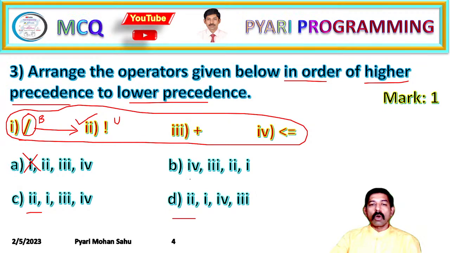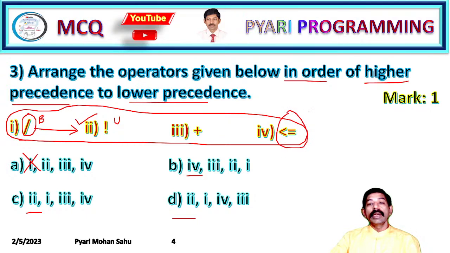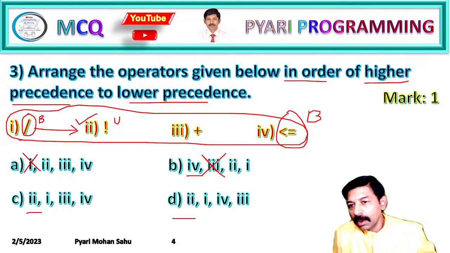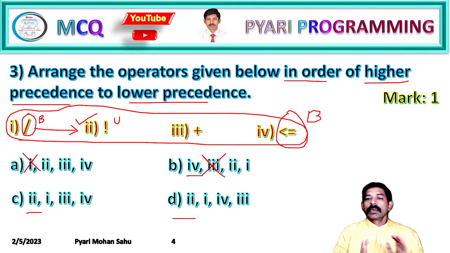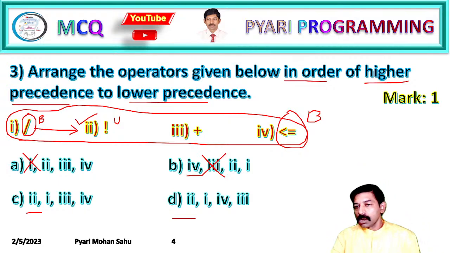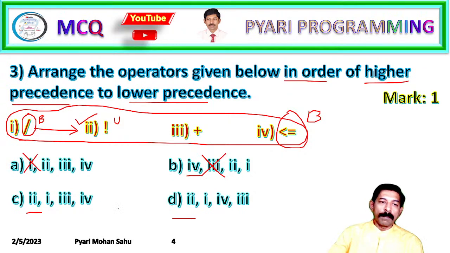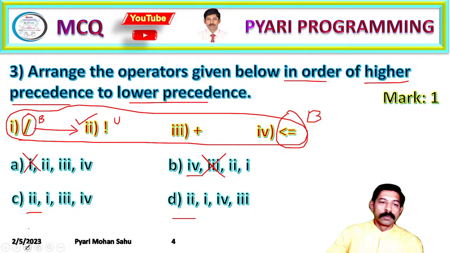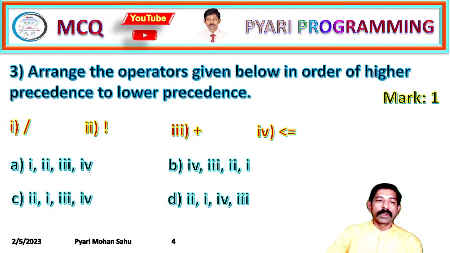Now it is talking about 4. This is a relational operator, again in the form of binary. So that's why this option is not correct. So those who have said A and B, for them the answer is wrong. Got it? Now we'll move towards this one. Now we'll compare these two.